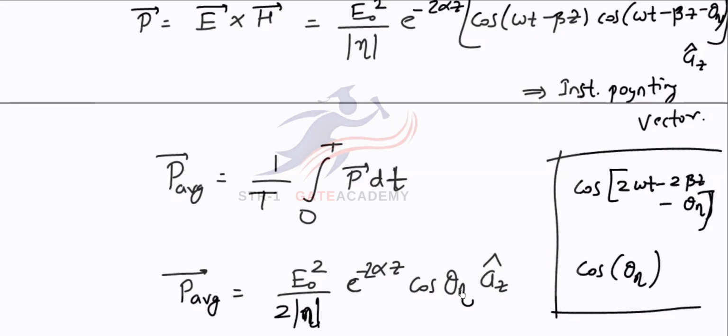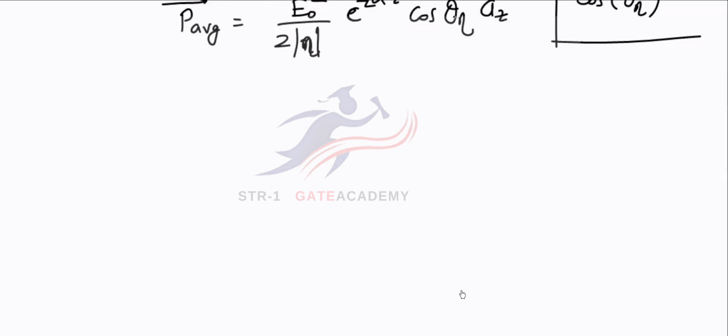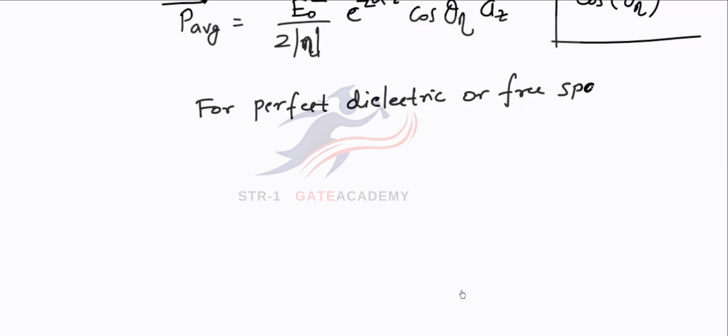Now this is a very general case. If I consider the special case of a perfect dielectric or free space, we know that the electric field and magnetic field are in phase. That means theta eta is 0 degrees. In these media alpha will be 0, because there is no attenuation.